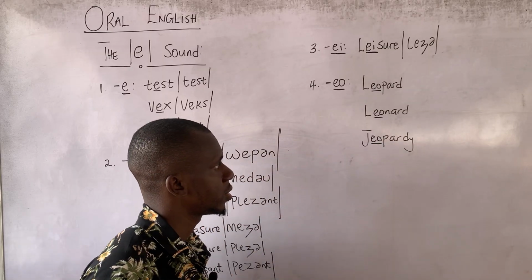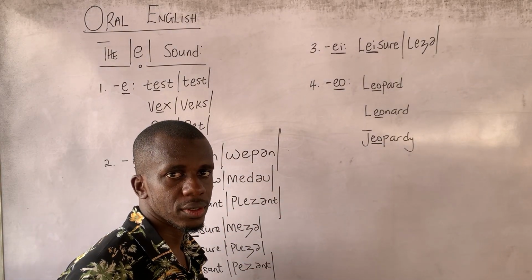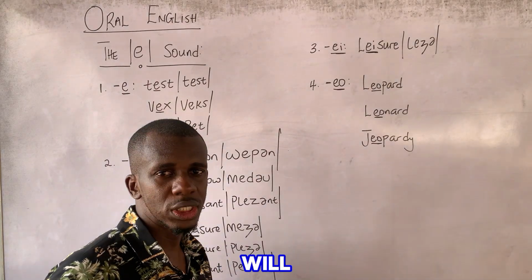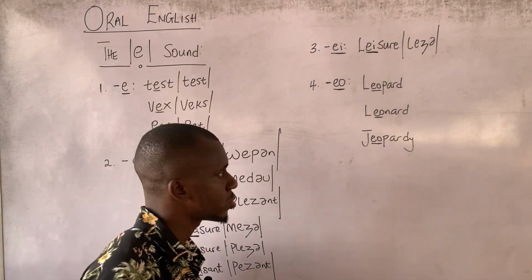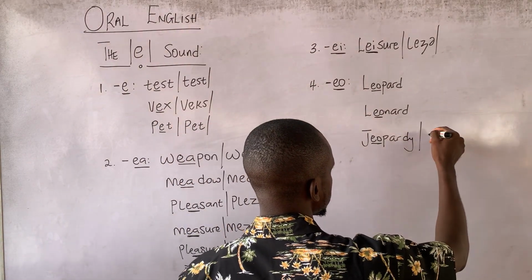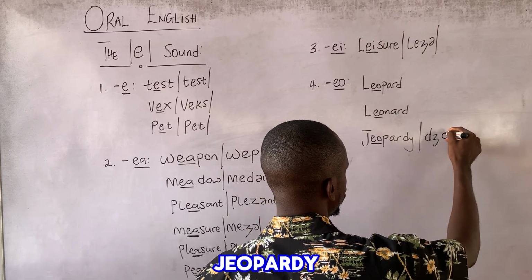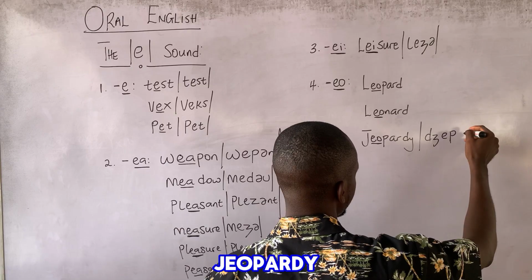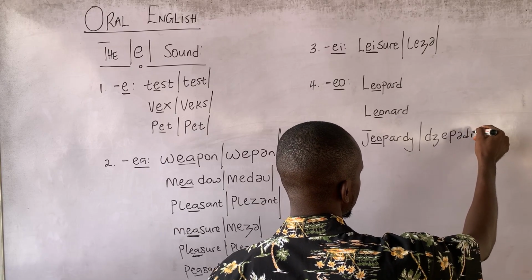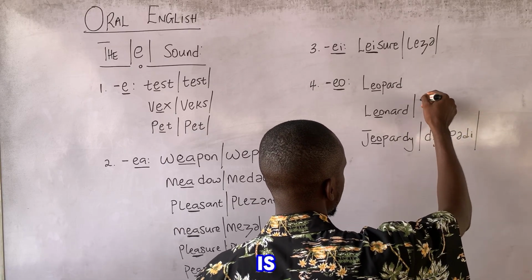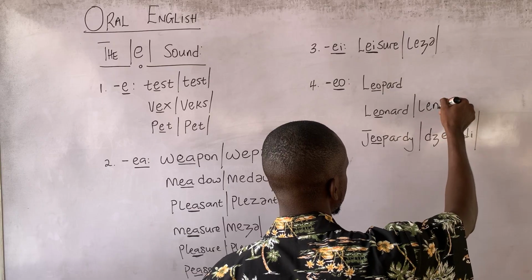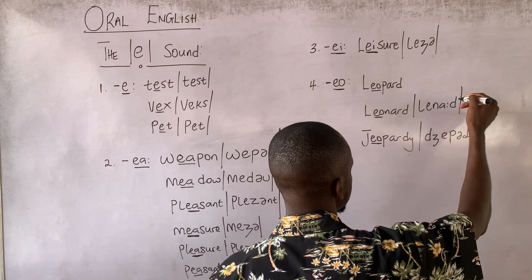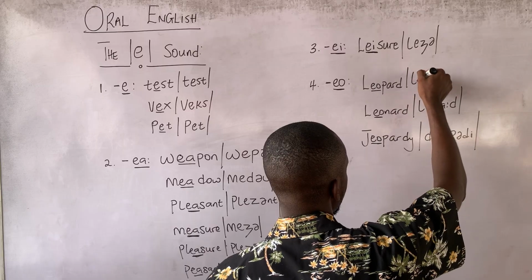Now, the letters EO in these words will give us the air sound. So this is jeopardy. This is Leonard. This is leopard.